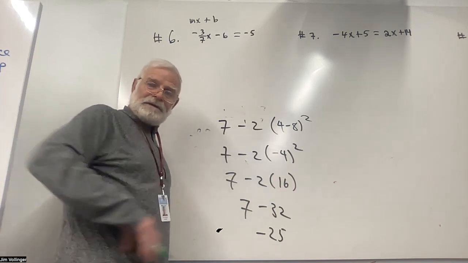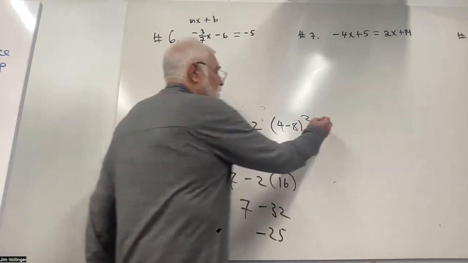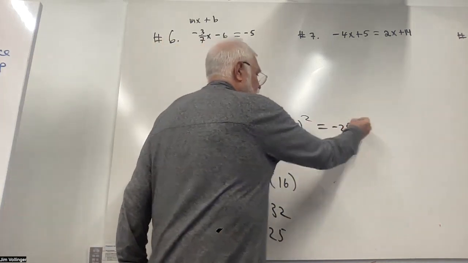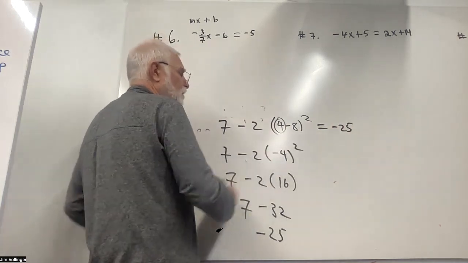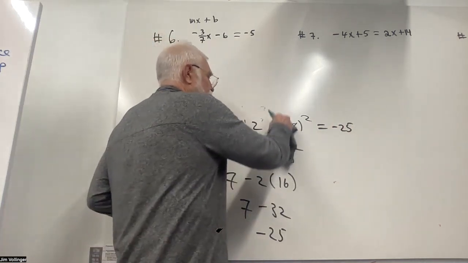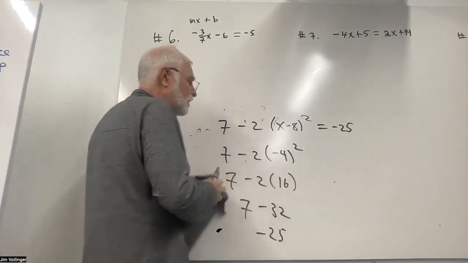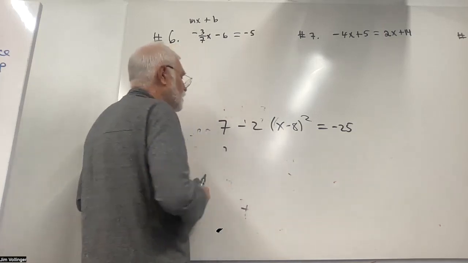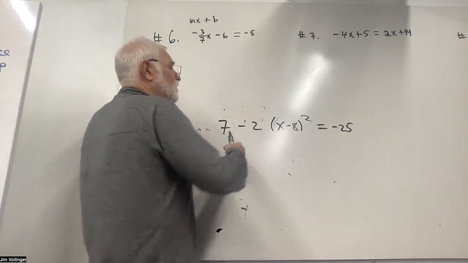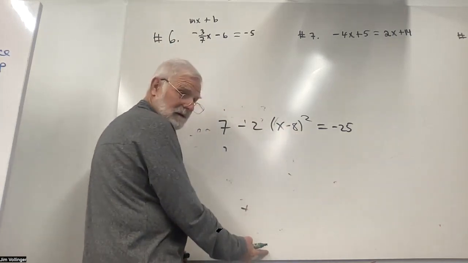But how does that help us? Well, let's look at it. This equals negative 25. And let's see if we can get the number 4 to work here and solve this equation. This is not a linear equation, this is a quadratic. Well, let's see if we can just use some inverse operations. When we evaluate to get negative 25, we have to do some hard work.